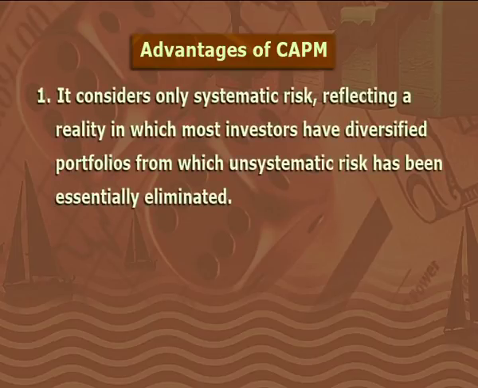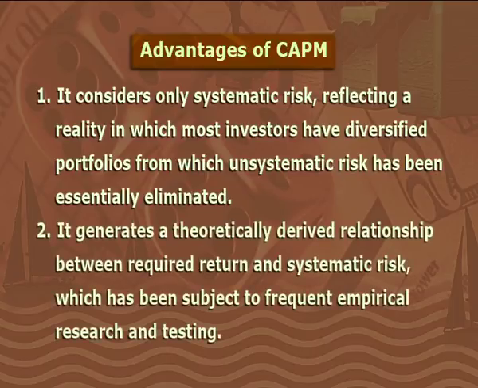Let's understand the advantages of CAPM. Number 1, it considers only systematic risk, reflecting a reality in which most investors have diversified portfolios from which unsystematic risk has been essentially eliminated. Number 2, it generates a theoretically derived relationship between required return and systematic risk, which has been subject to frequent empirical research and testing.